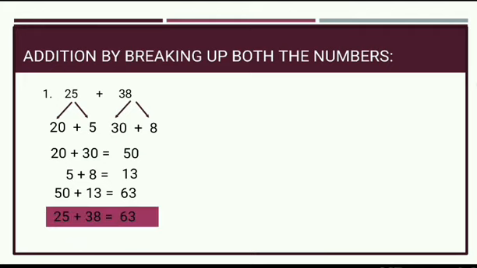So finally my answer is 25 plus 38 is equal to 63. So how did we do this question is, we broke down both the numbers, added the tens first, then the ones, and then added the two answers and got the answer. So this way it is much easier for us to do.